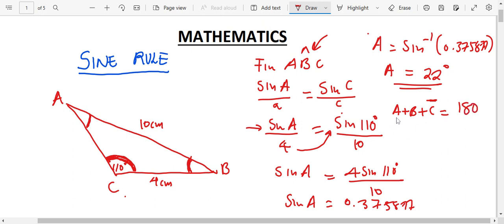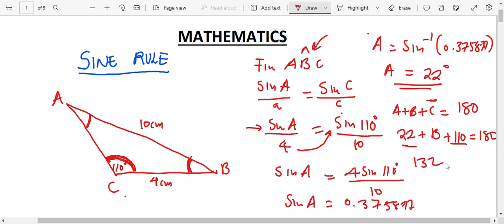We already know the angle A, we have found it as 22, but we don't know angle B, that's the one we are finding. And angle C is 110. This should give us 180. So we're going to say 22 plus 110, that is going to give us 132, adding this one plus this one.